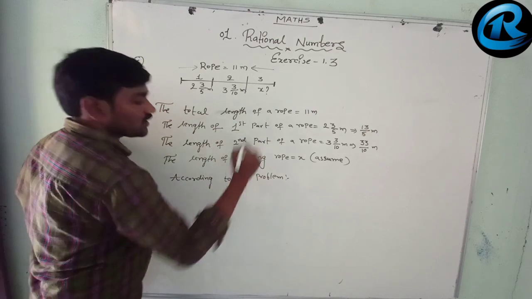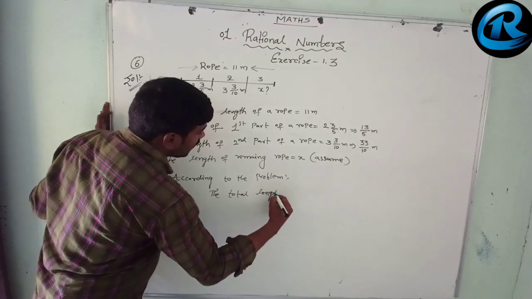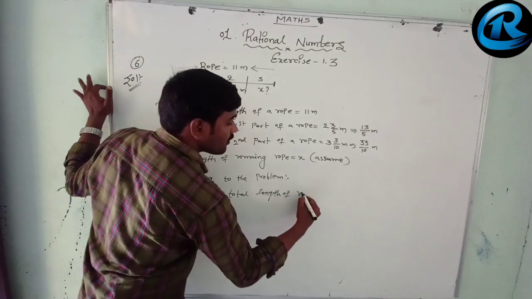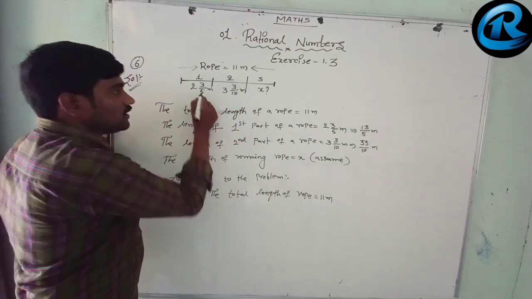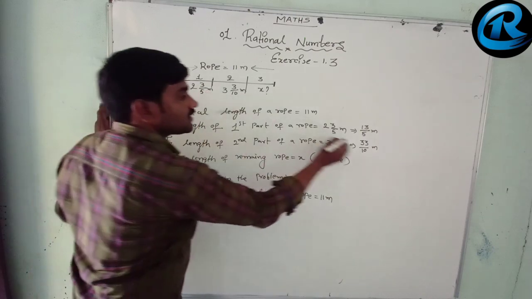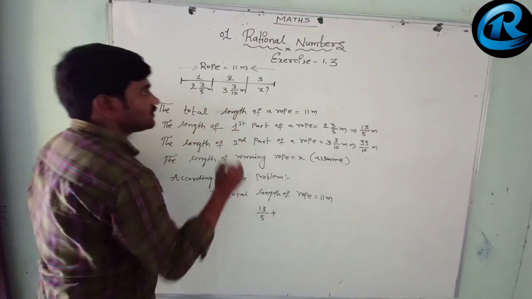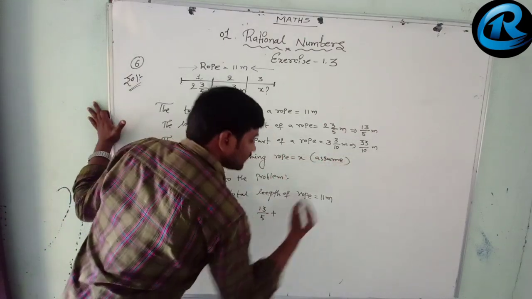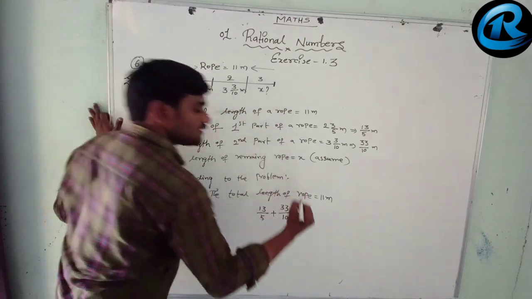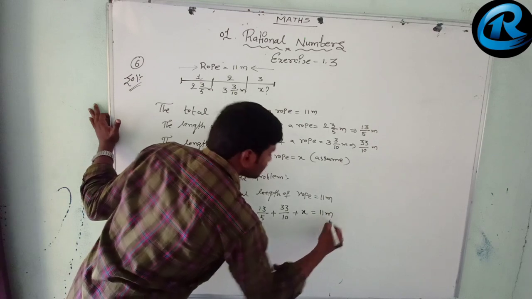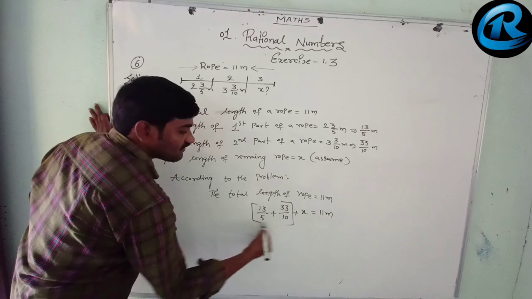The total length of the rope is equal to 11 meters. So let us add the total here. 2 whole 3 by 5 meters, nothing but 13 by 5, plus 3 whole 3 by 10 meters, nothing but 33 by 10, plus the third part x, that equals 11 meters. Now what we do is write these two in a bracket like this and we'll solve this.